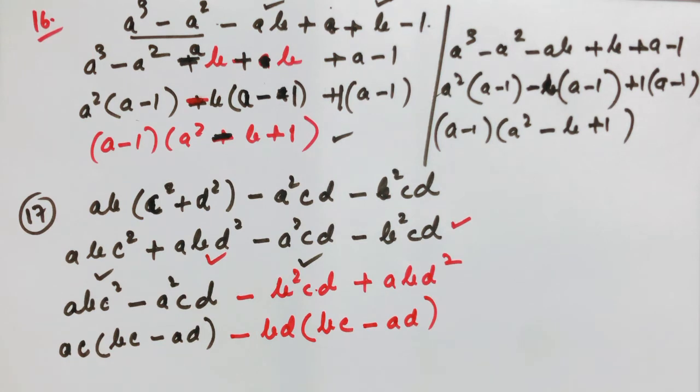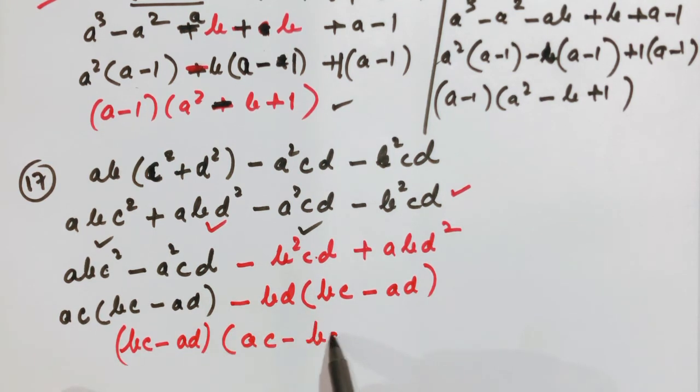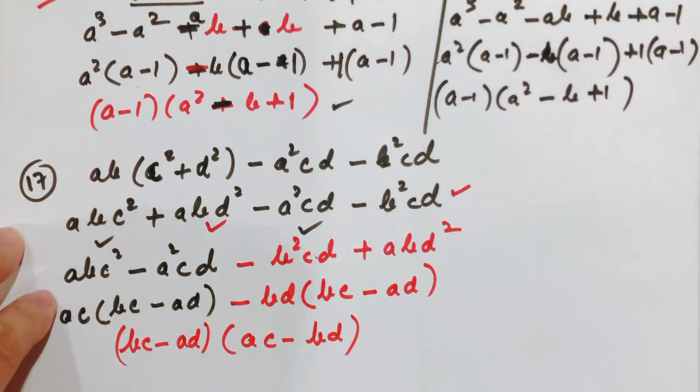So (bc minus ad) multiplied by (ac minus bd) is your solution.